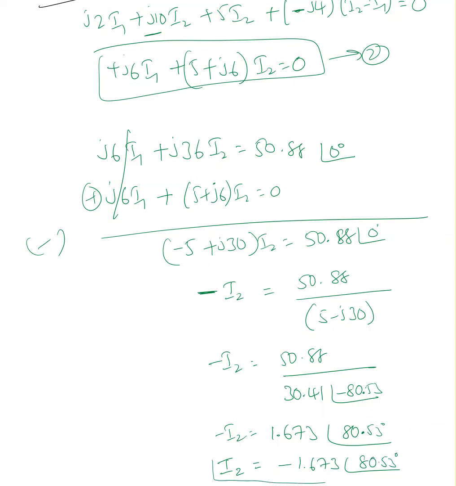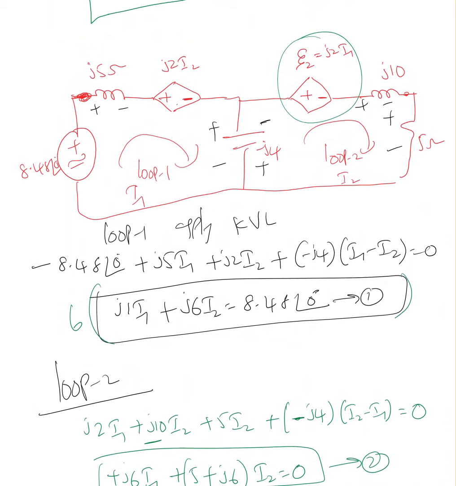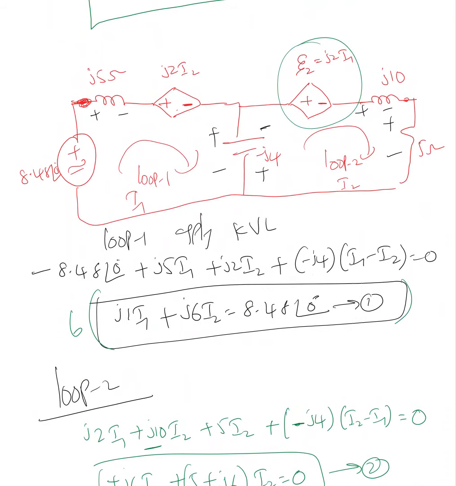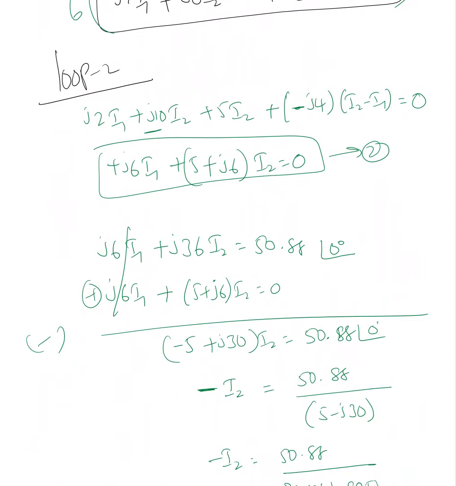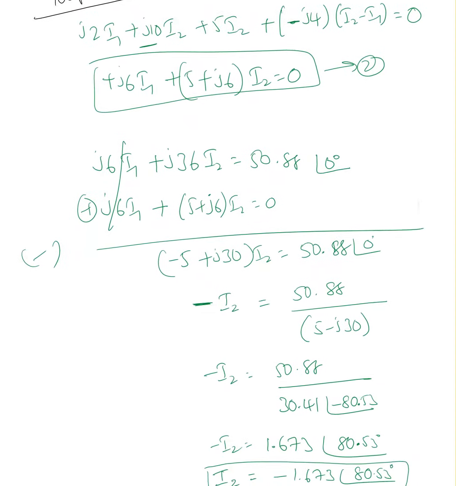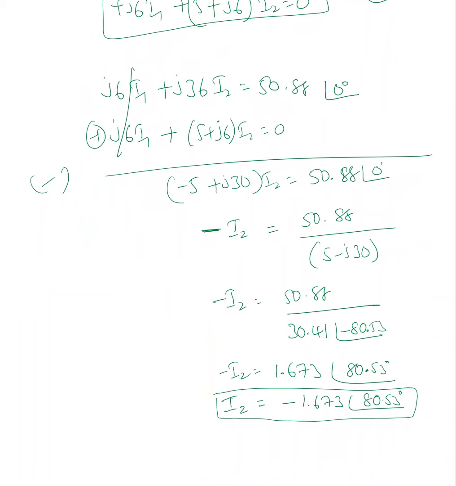This is our I2. Our goal is finding the voltage drop across the capacitor, so I need I1 and I2. I'm going to substitute this I2 value in any one of the equations. Let me substitute this I2 value right here in the second equation.